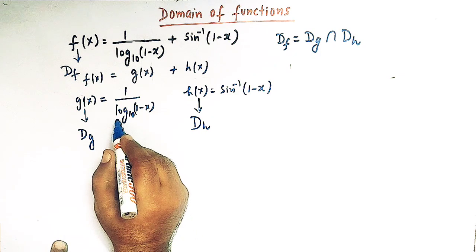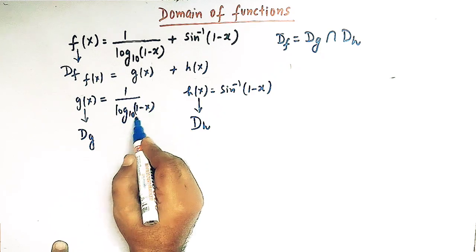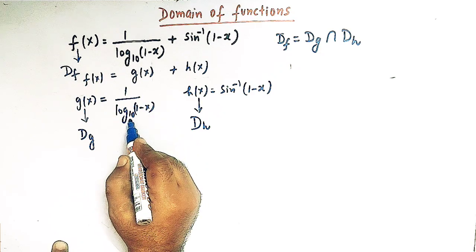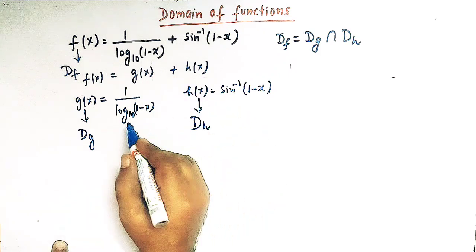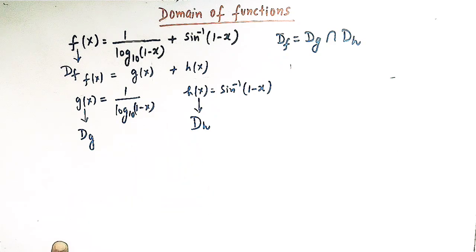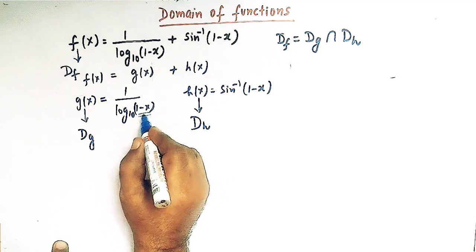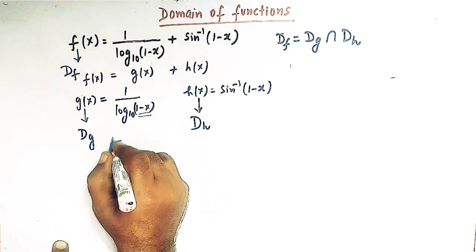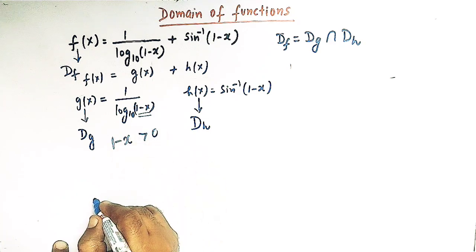So here we see that in the denominator we have logarithm of 1 minus x to the base 10, right? And we know that the logarithms of negative quantities are not defined in the set of real numbers. So the first condition is that this term, that is 1 minus x, should be greater than 0, right?